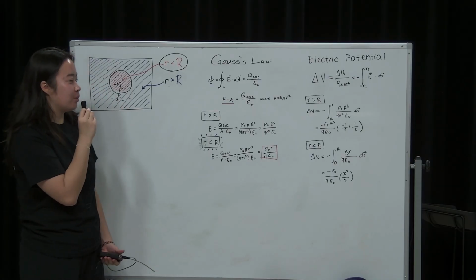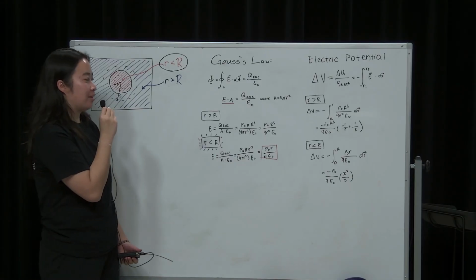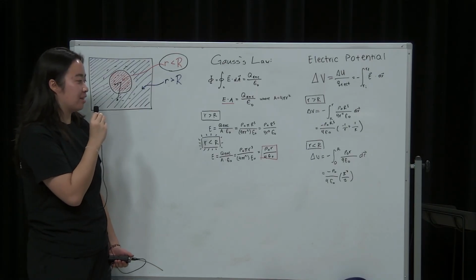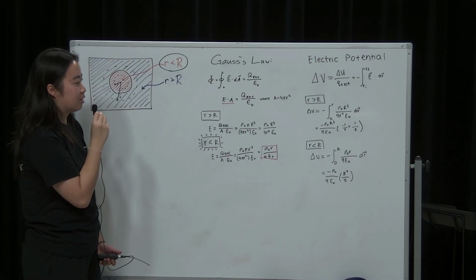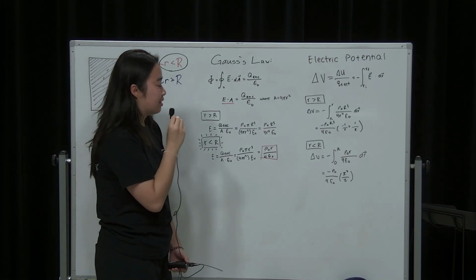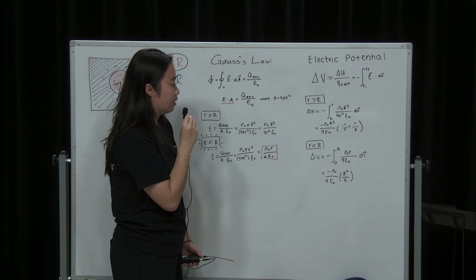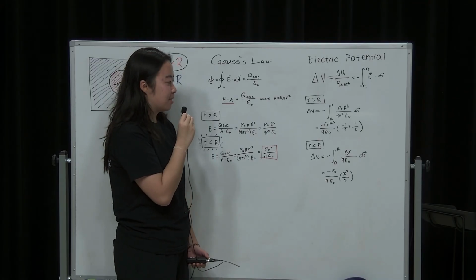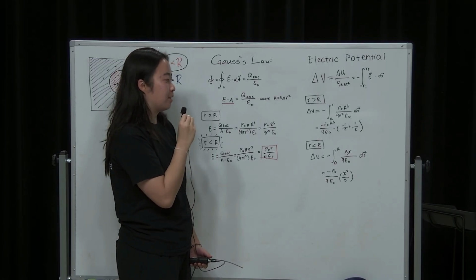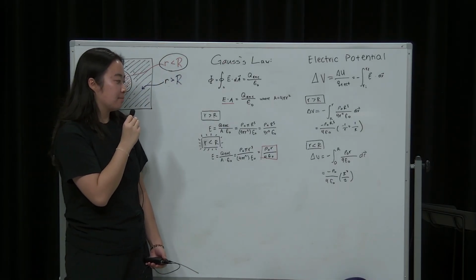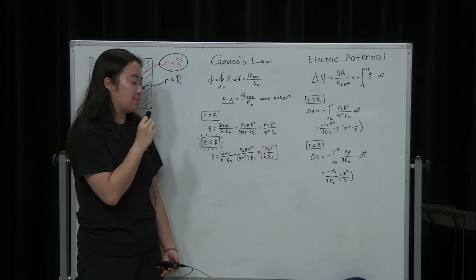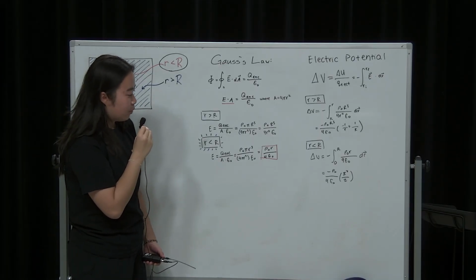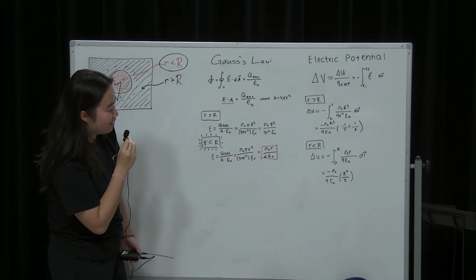And so we can do the same thing as we did for the electric field, where we calculate the potential for little r greater than big R, and also for little r less than big R. For little r greater than big R, we found that the electric potential is negative rho sub naught big R cubed over 4 epsilon naught times negative 1 over little r plus 1 over big R. And for little r less than big R, the electric potential equals negative rho sub naught over 4 epsilon naught times big R squared over 2.